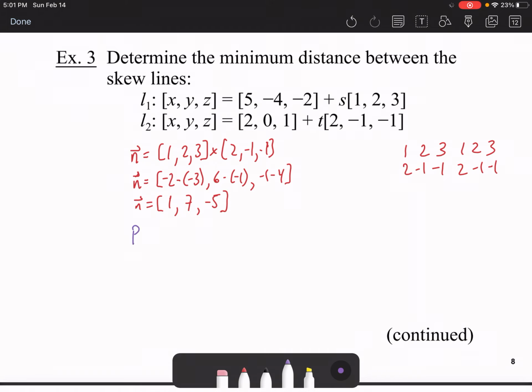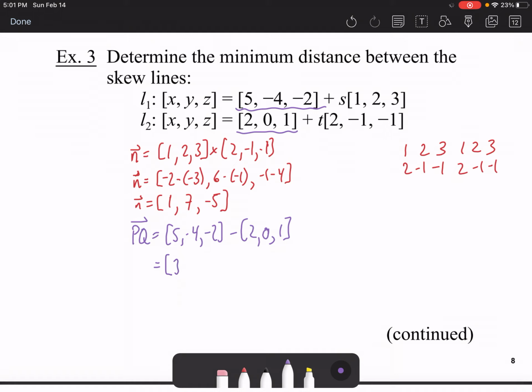The vector PQ is just the physical distance from one point to the next point. You pick one as the starting point and one as the end point. It doesn't matter which one you choose. So I'm going to choose 5, negative 4, negative 2 to start with, and I'm going to subtract 2, 0, 1 from it, so that I can get the vector PQ.